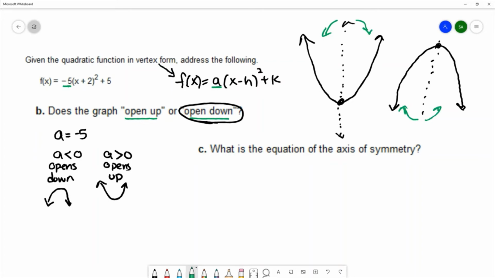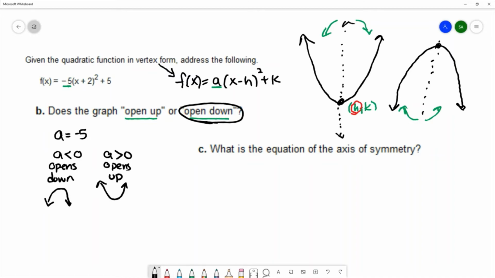So if we remember, our vertex is the ordered pair (h, k). And our axis of symmetry is a vertical line passing through that vertex. So we're going to be able to use the x-coordinate of the vertex to identify the axis of symmetry.